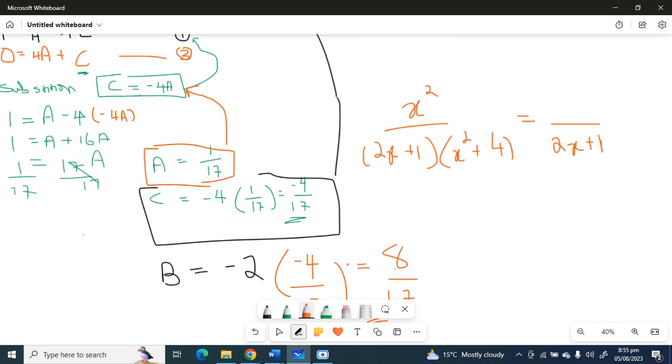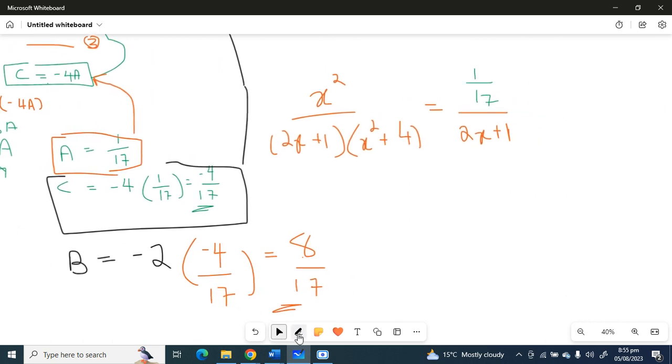So a is equal to 1 over 17. So we're going to put here 1 over 17 plus, here we had x squared plus 4.